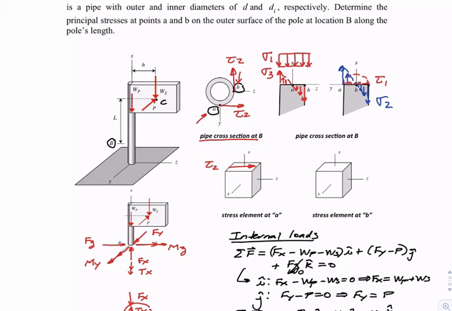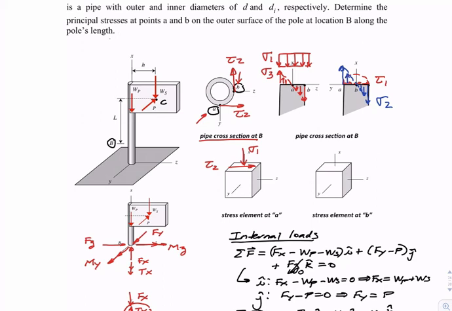So in the x face, tau 2 is pointing in the positive z there for A. Also for A we have a sigma 1 which is compressive. We have a sigma 2 there at A which is tensile.